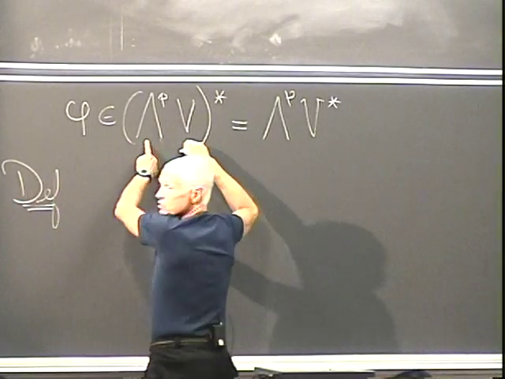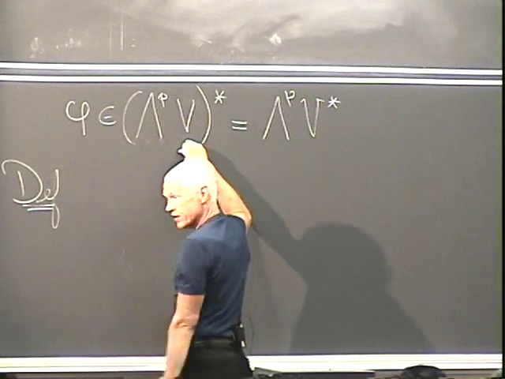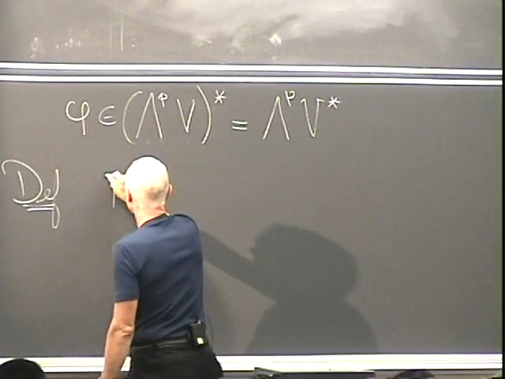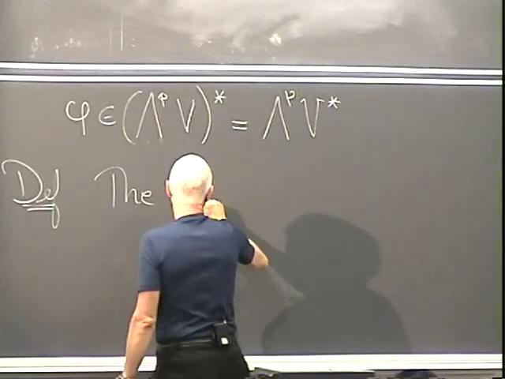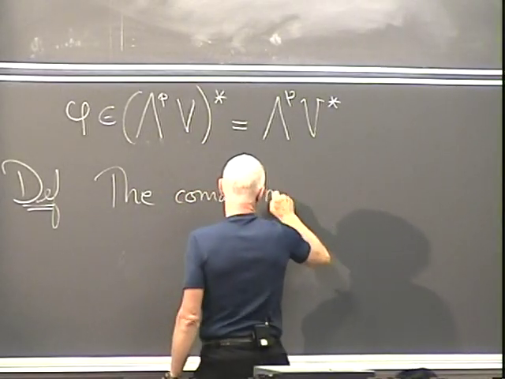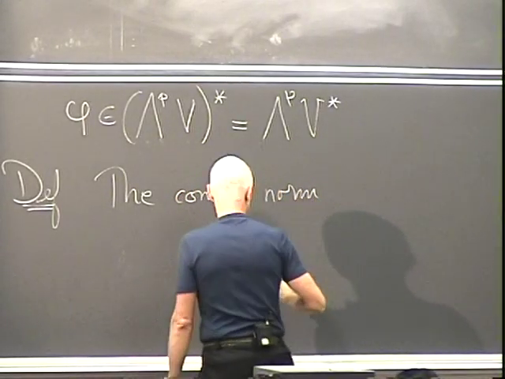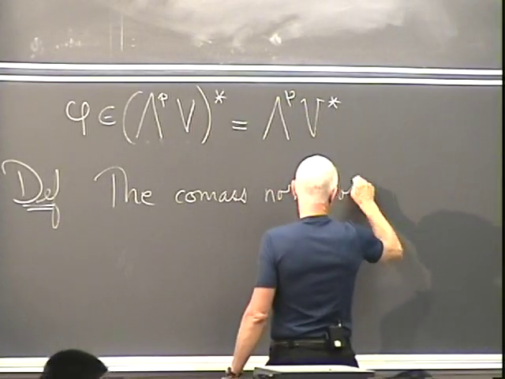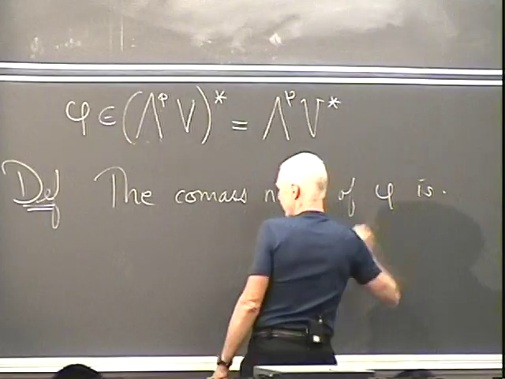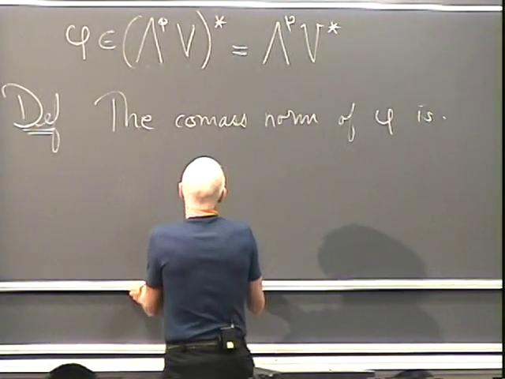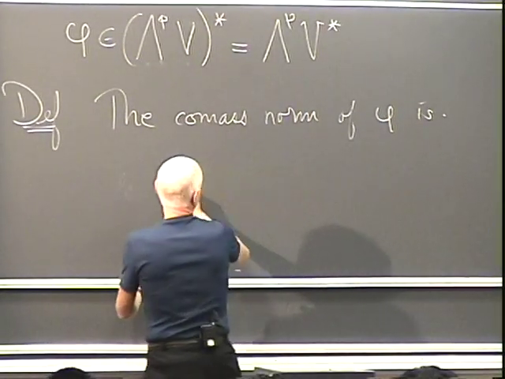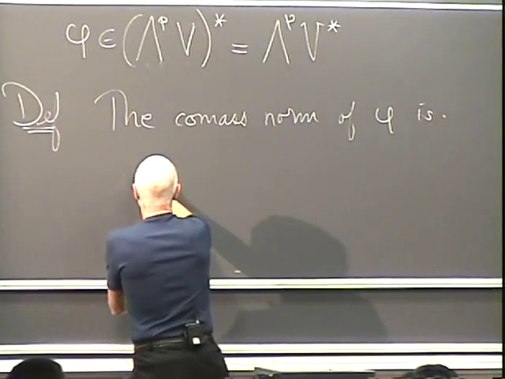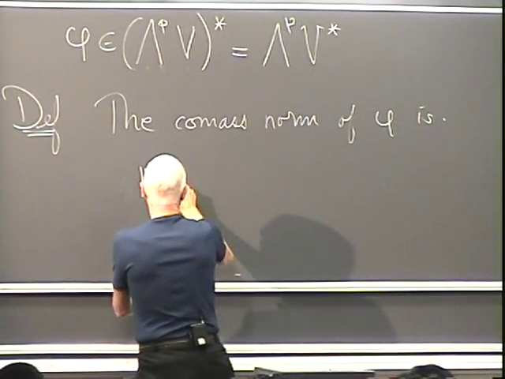All right. Then on the dual space, there's a dual norm called the co-mass norm. The co-mass norm of phi is given as follows. I'll write it with 2 bars.